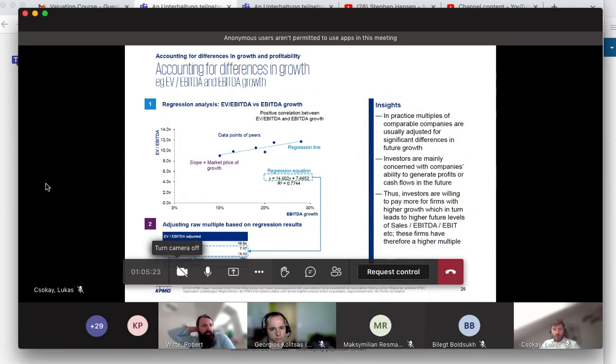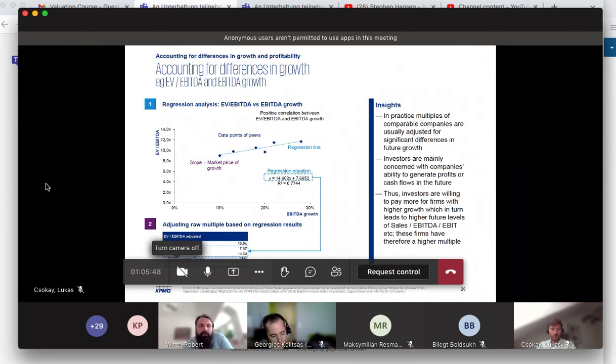I think, speaking from experience, the regression with the growth is a little bit more fuzzy. The regression with the EBITDA margin probably works every time, or 8 out of 10. With the growth, it's a little bit more difficult. But again, it's the same principle, the same tool set.